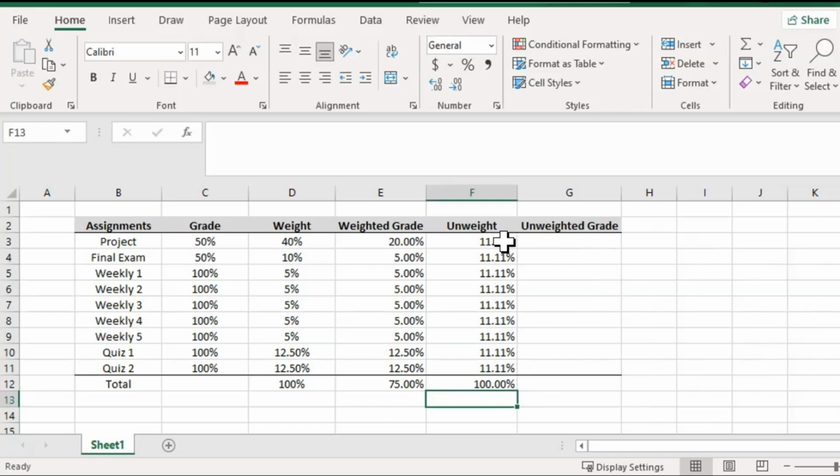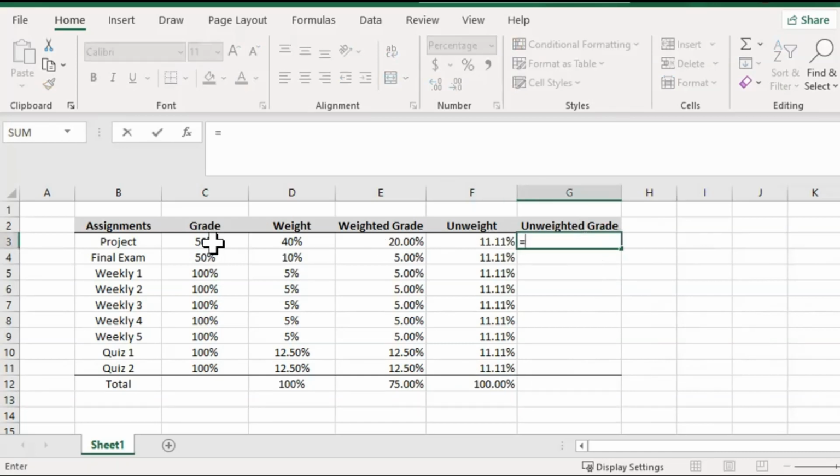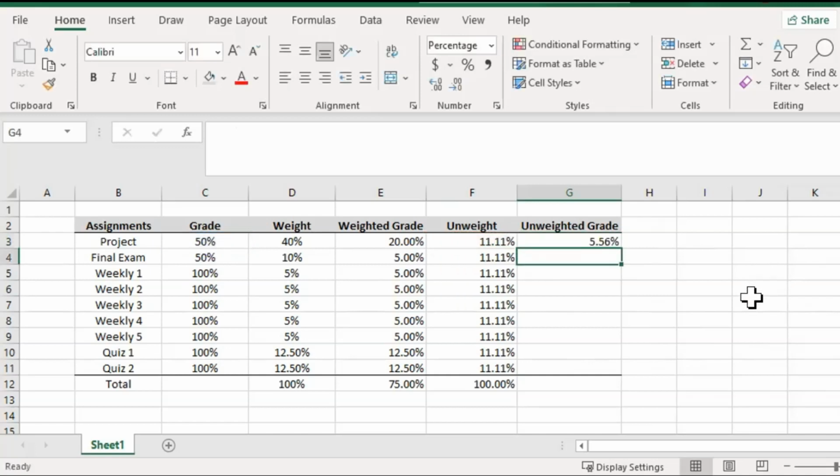All right. And so for unweighted grade, we will compute this the same way. So it will be our grade times our unweight in this case. And so the 50% that we scored on our project is going to equal an output of 5.56% of our unweighted final grade.